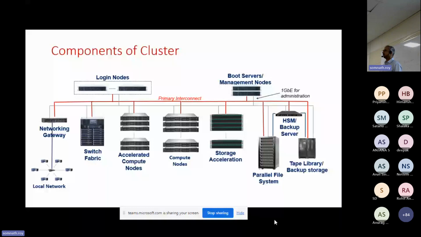Running your jobs, there is something called SBatch, so Slurm. You submit the job to the login nodes. Your data is residing on the parallel file system, and there are two types. I will explain that later. There is something like home area and scratch area, and then you say that I want to run my code on 10 nodes, so 10 nodes are allotted.